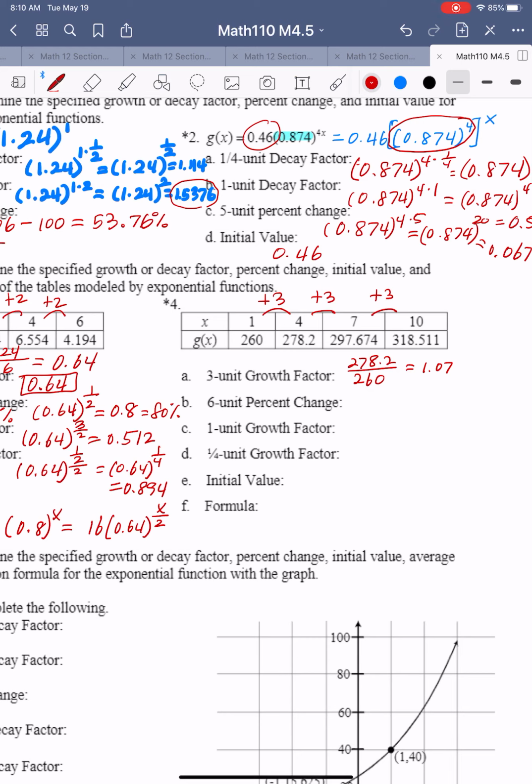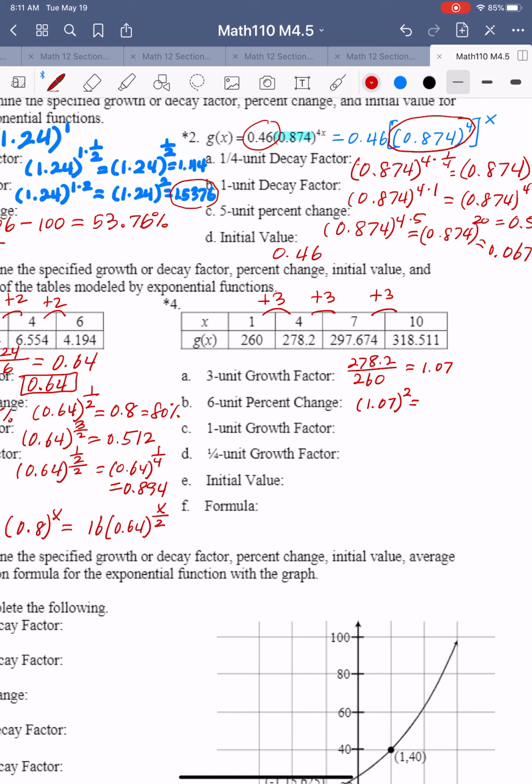Which is when you have 1.07, and then 6 is twice the 3, right? So to change to the 1 unit growth factor is 1/3, but you just need it twice, okay?